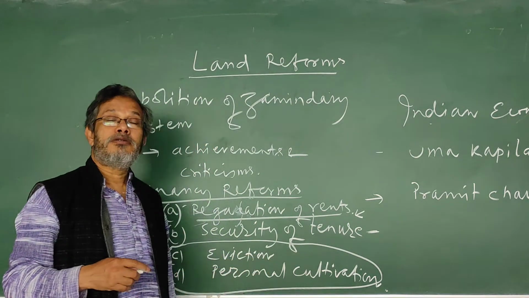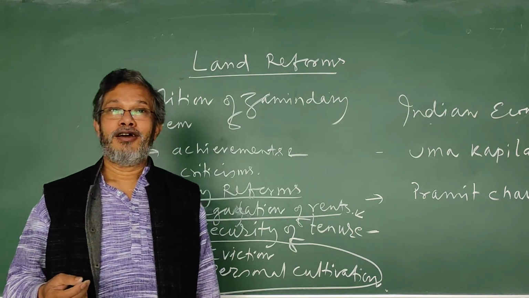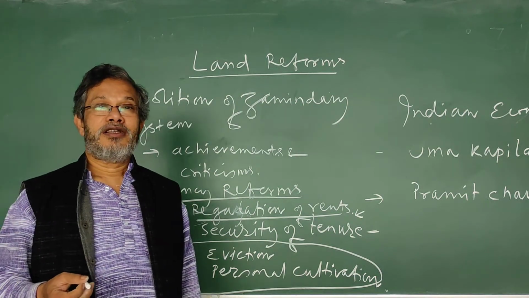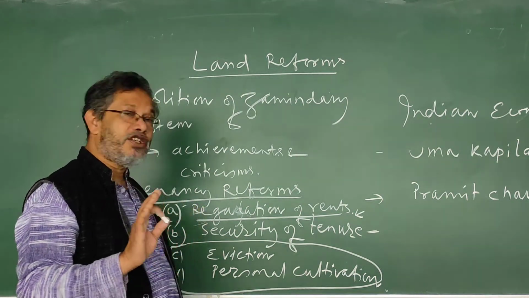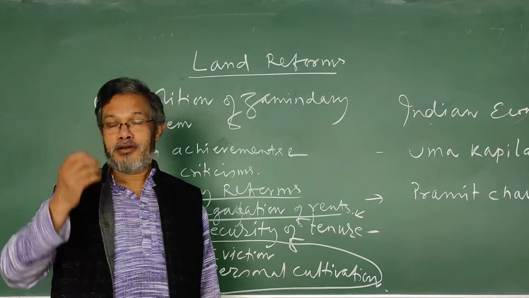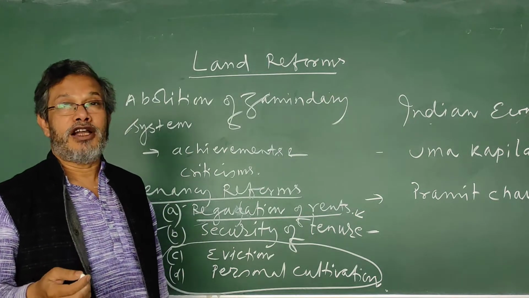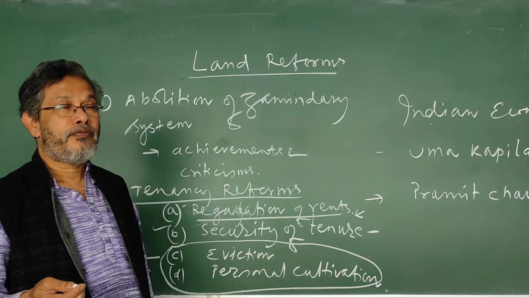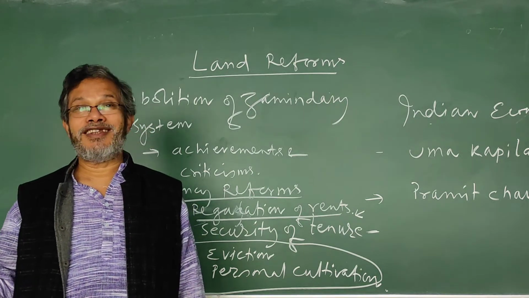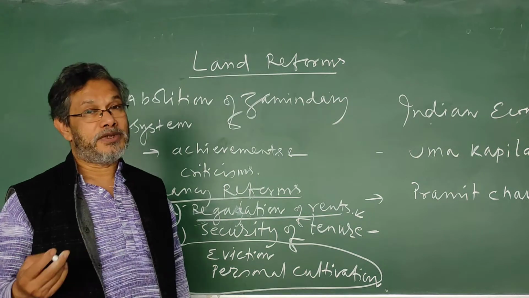Previously, before the Land Reform Act was passed, there was no fixed security, meaning a landlord can give land for cultivation this year, next year maybe to somebody else, and the following year maybe to some other person.